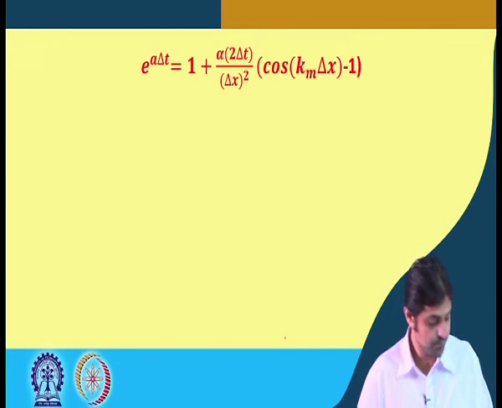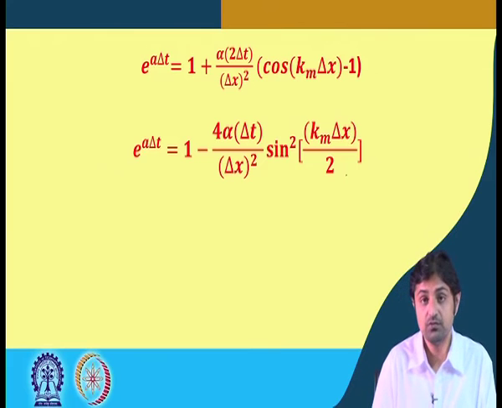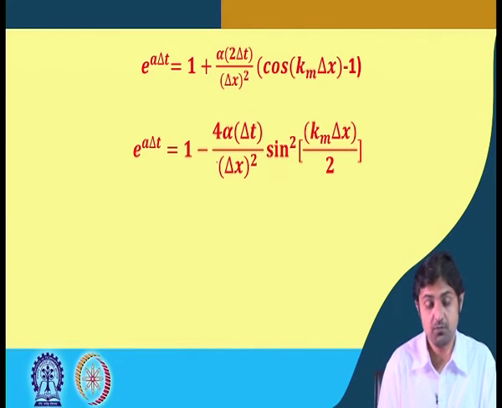Or we can write it in terms of the sine square by 2 term. So it becomes 1 minus 4 alpha delta t by delta x square sine square km delta x by 2.